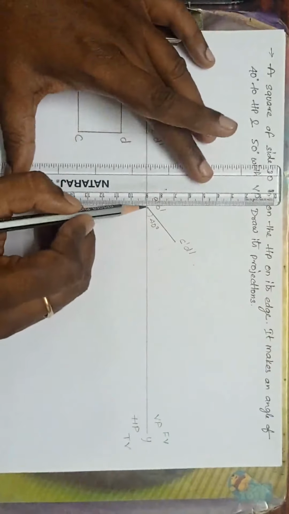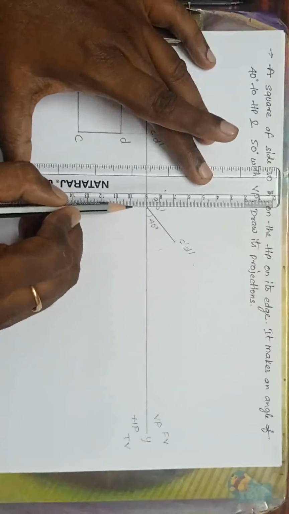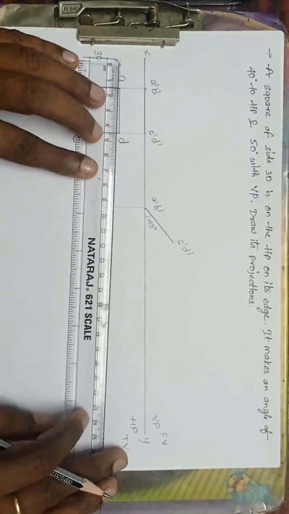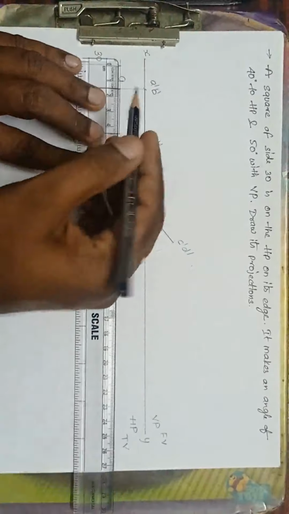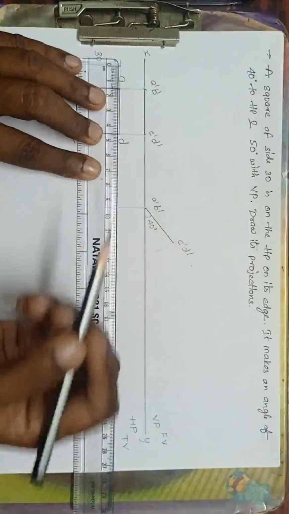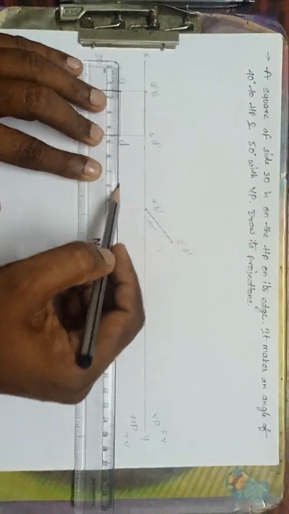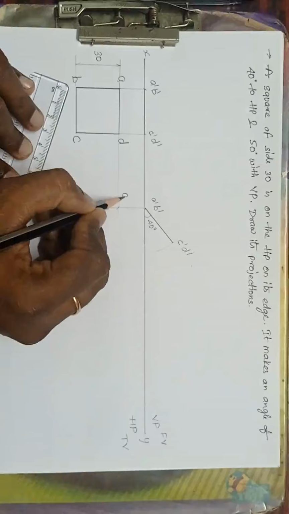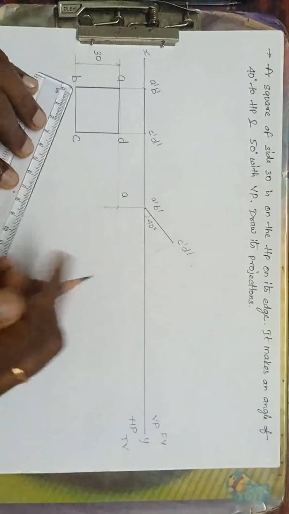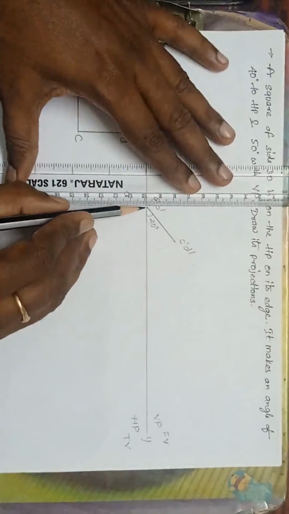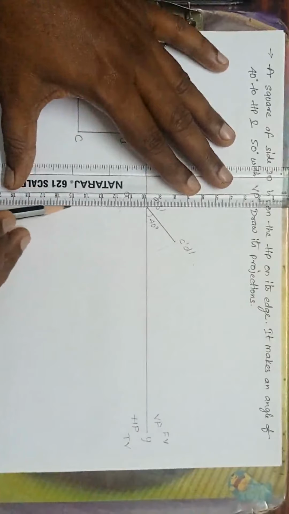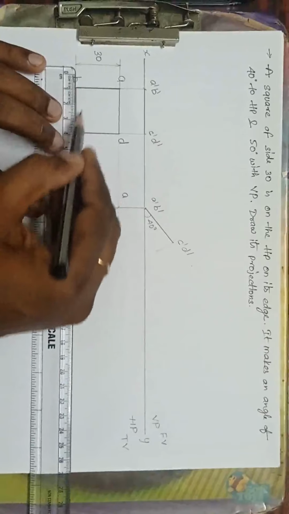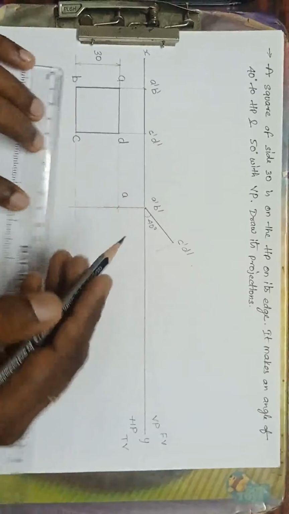Now from A dash, drop a perpendicular line, and from A drop the horizontal line. See, this is point A. Now from B dash drop the perpendicular line, and from this B drop the horizontal line.